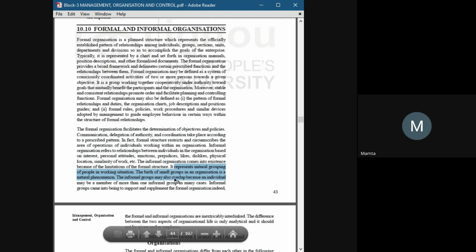Although we form informal relationships, they are all presented within the formal organization, because we entered a formal organization, we are part of a formal organization, we met the people who work there as friends. So how we met those people is a part of the formal organization.